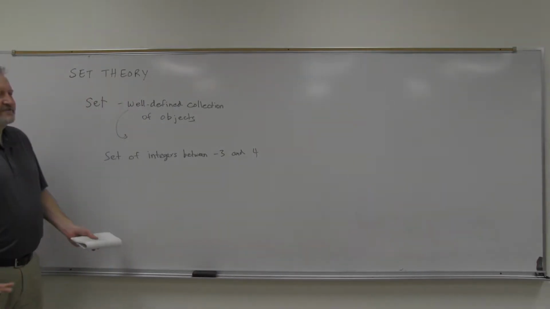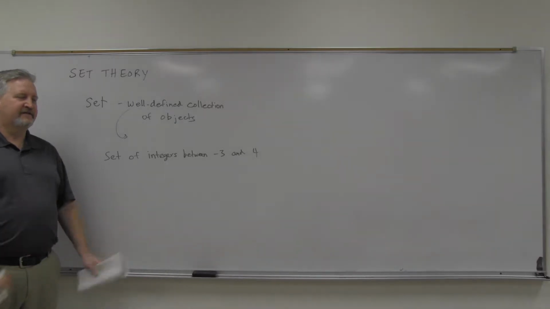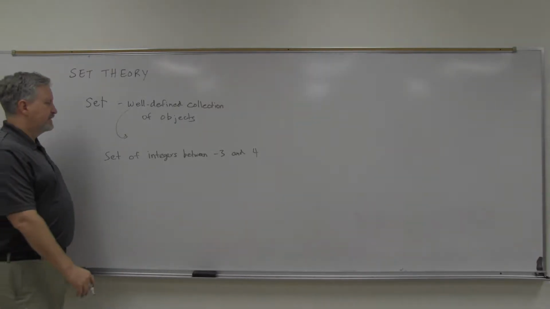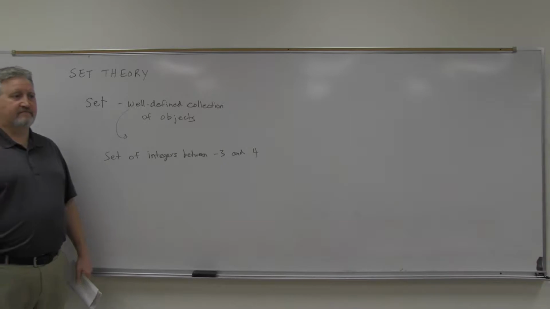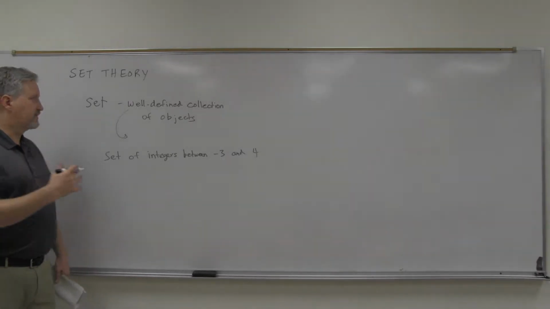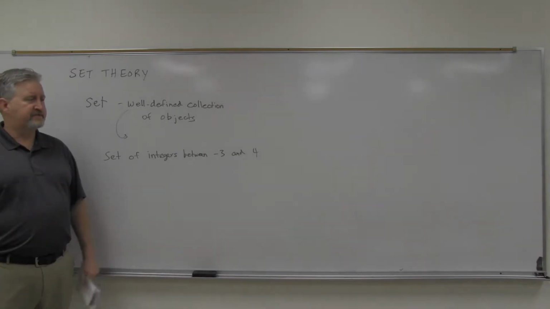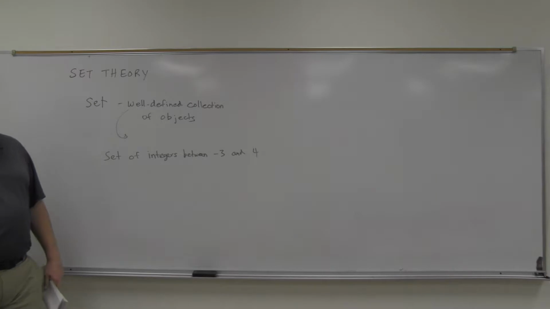Okay, so as long as you know what integers are, which are the whole numbers and the negatives of the whole numbers and 0, everybody knows what that is. And so that's what we mean by well-defined. It's reproducible, everybody gets the same set out of it.